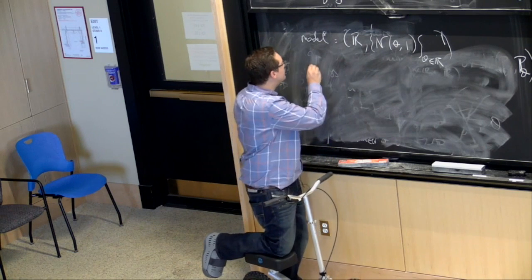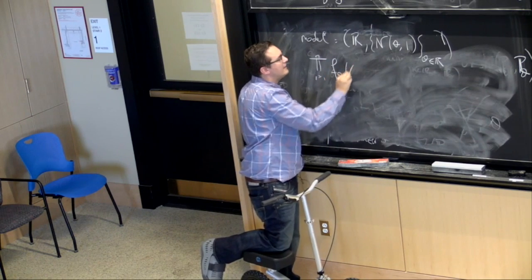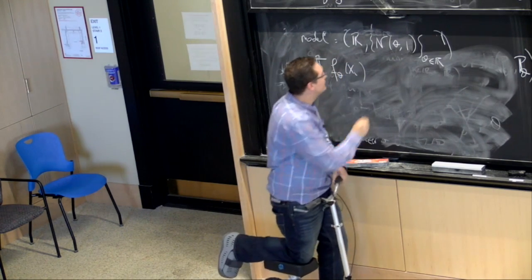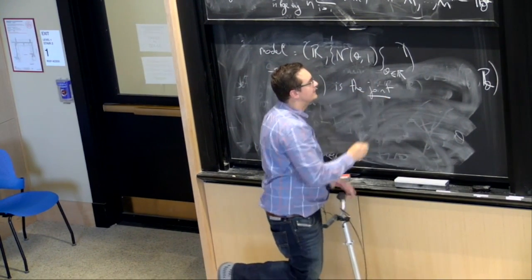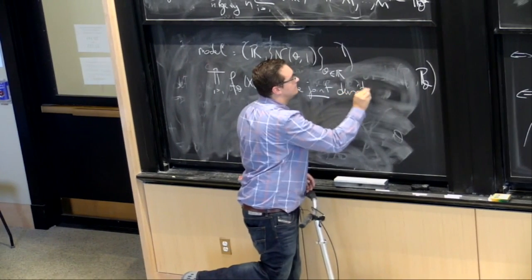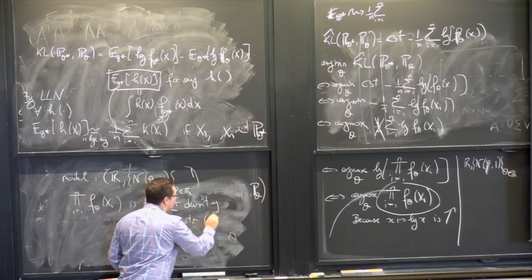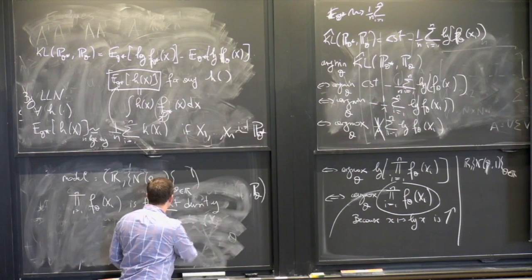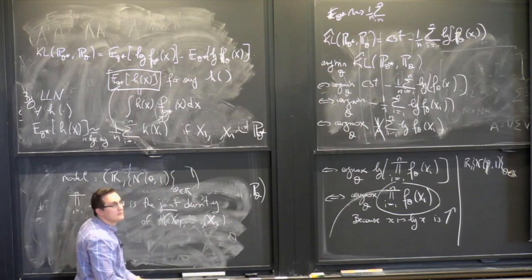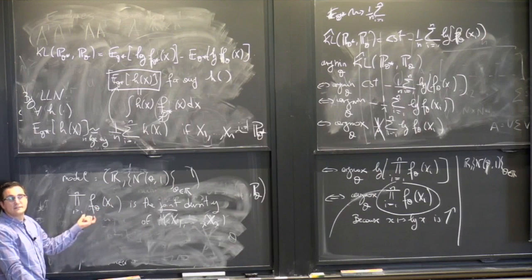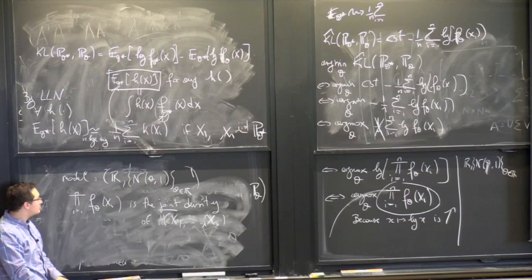So really, when I look at the product from i equals 1 to n of f theta of xi, this is the joint density of x1 through xn. If I take the product of densities, it's still a density, but this time on R to the n.